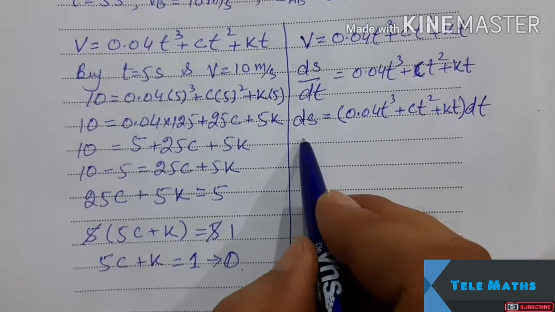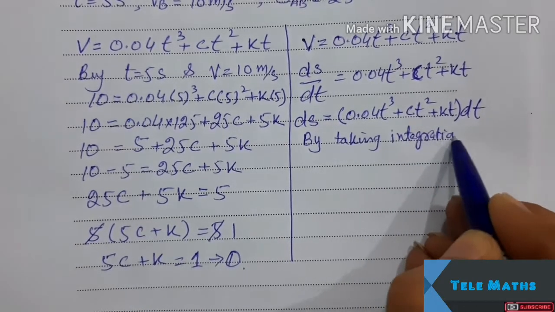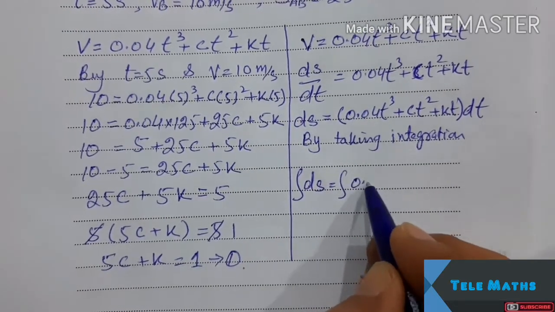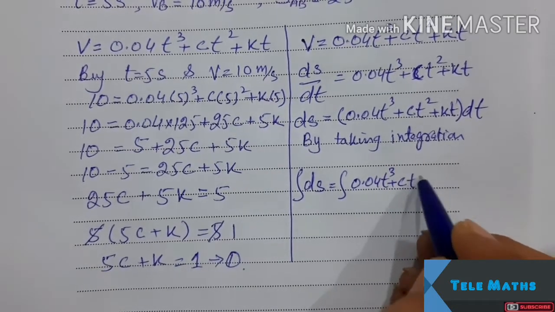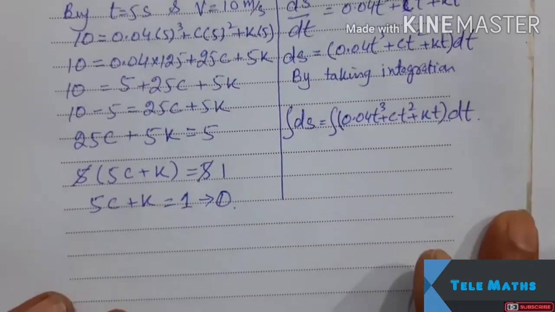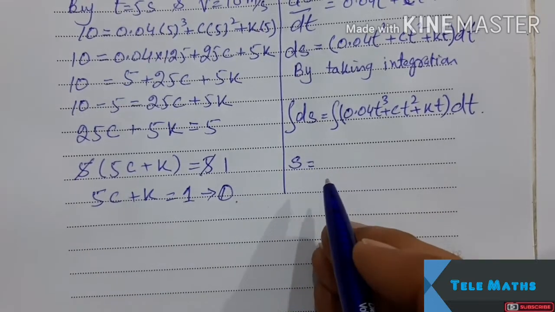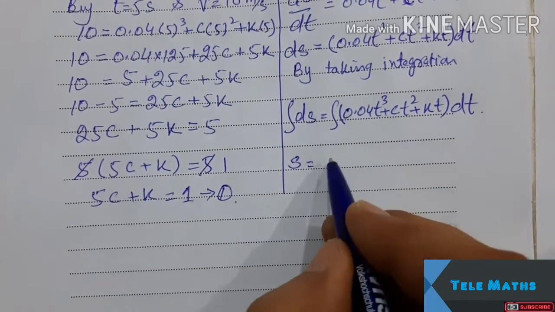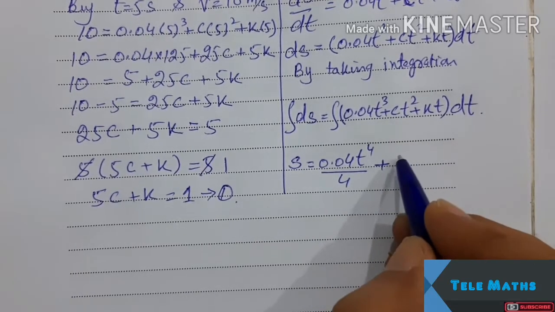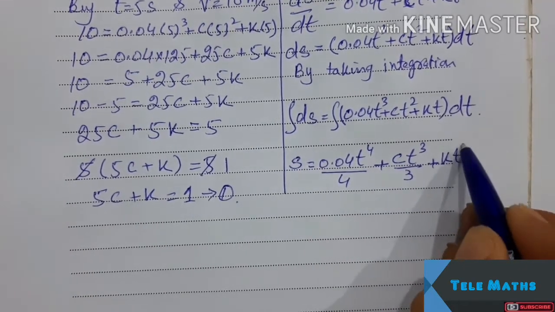Now by taking integration of both sides, this will be the integral of ds is equal to the integral of (0.04 t cube plus c t square plus k t) dt. Now s is equal to the integration of this part, which will be 0.04 t to the 4 over 4 plus c t cube over 3 plus k t square over 2.